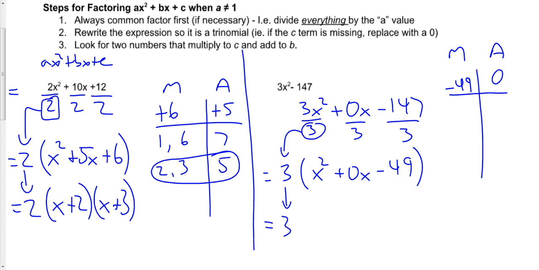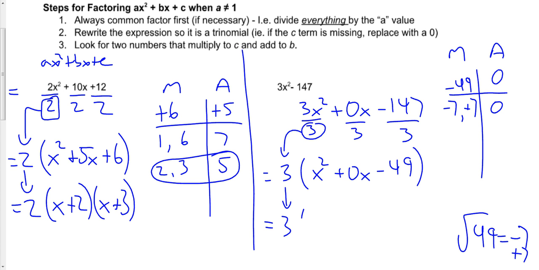Okay, so knowing that the b value is 0, that means that the positive version of the c value, which is 49, if I take the square root of that, that's going to give me my answer. So either negative 7 or positive 7. Negative 7 times positive 7 gives me negative 49, and negative 7 plus positive 7 will give me 0.